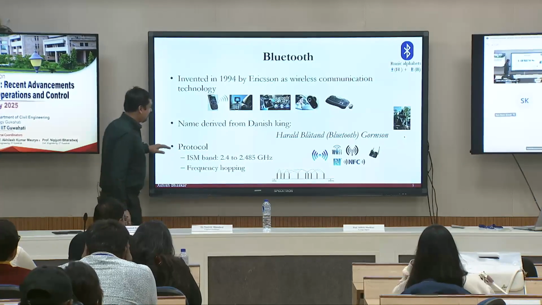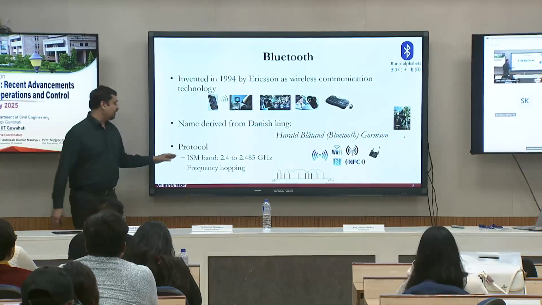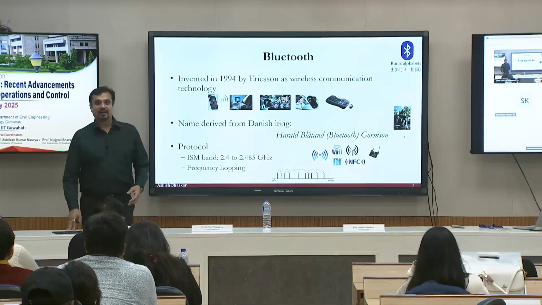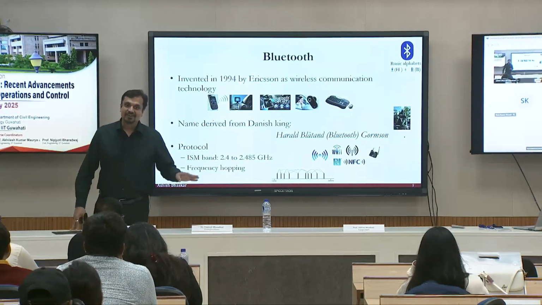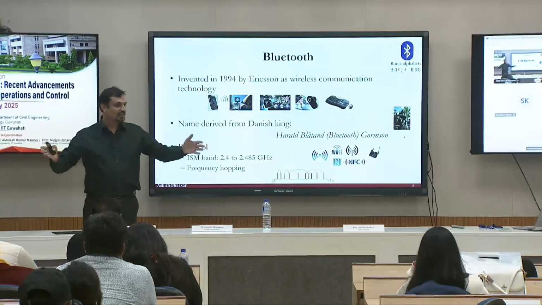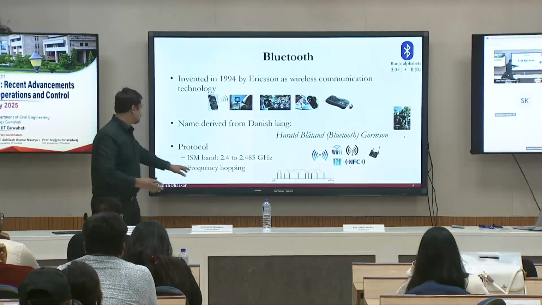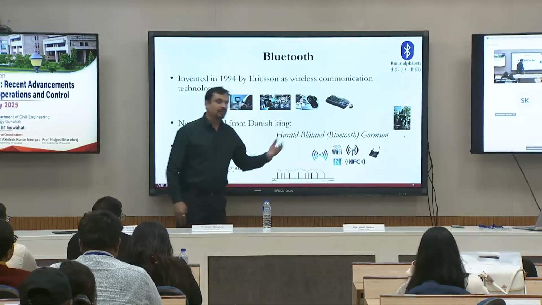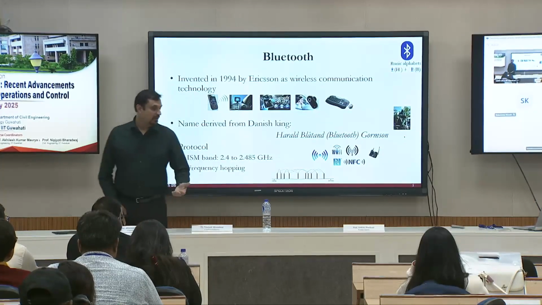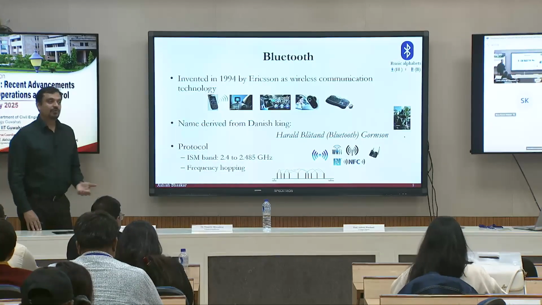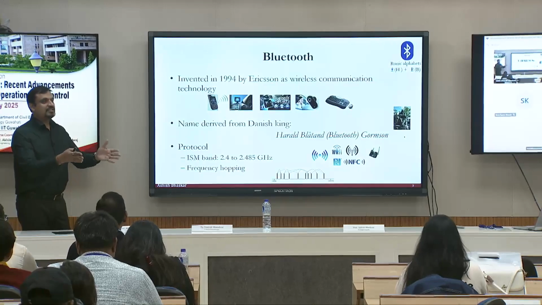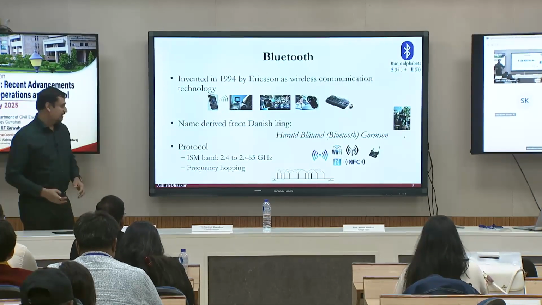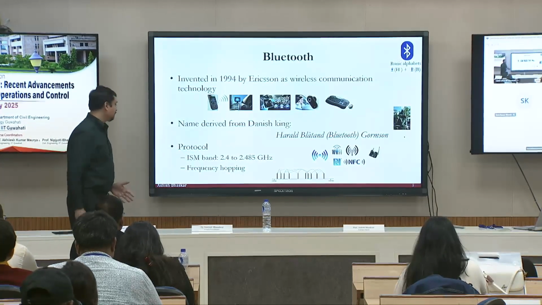It uses a protocol for the ISM band, which is industrial, scientific, and medical. I'm not a communication expert, but there is a certain radio frequency band that is specified for this kind of technology, used by a number of others like Wi-Fi, near-field communication, even cordless phones, so that these technologies don't interfere with each other.